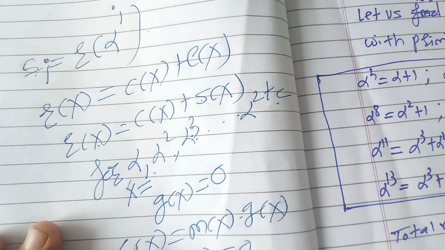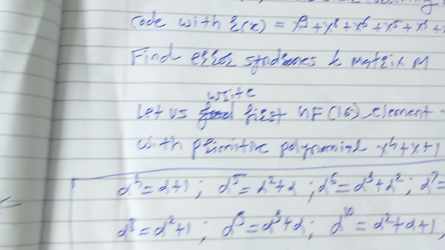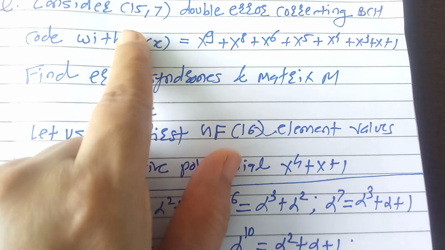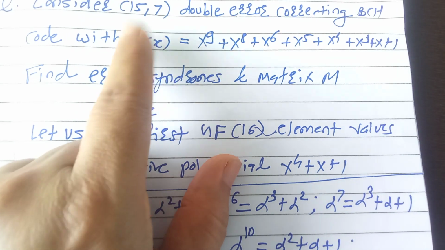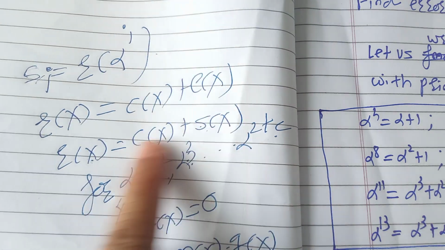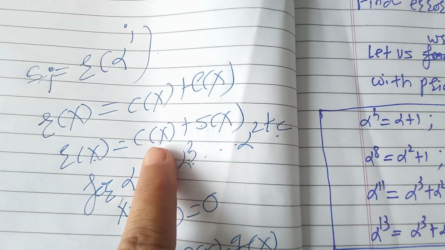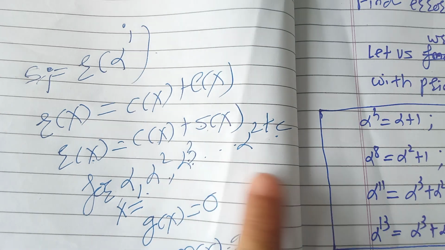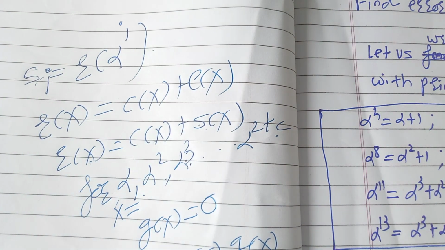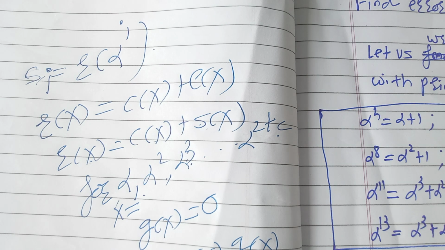This is very important, because many times we normally remember by heart that syndrome is nothing but R(alpha^i). But why? Because S(x) is equal to R(x) for alpha, alpha square, alpha cube, up to alpha raised to 2tc, because for those values the corrected code word is equal to 0. Those are the roots.